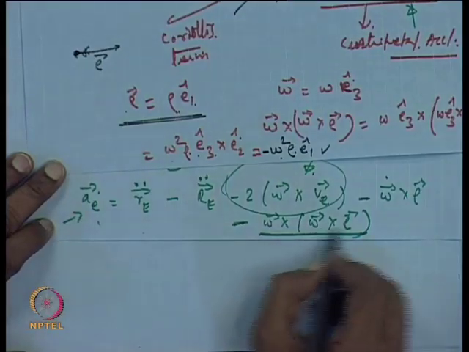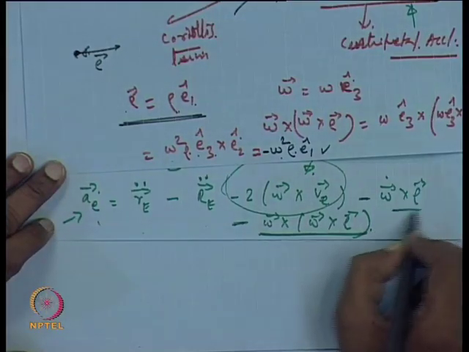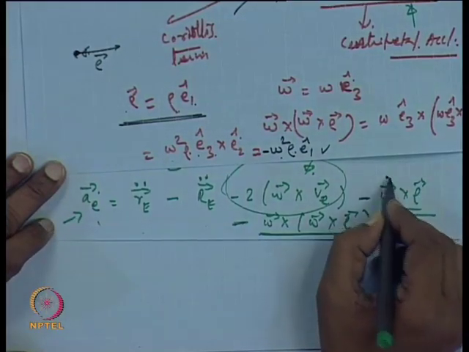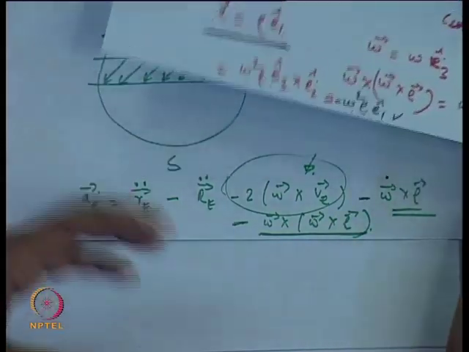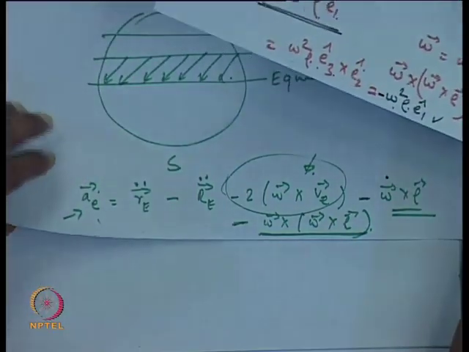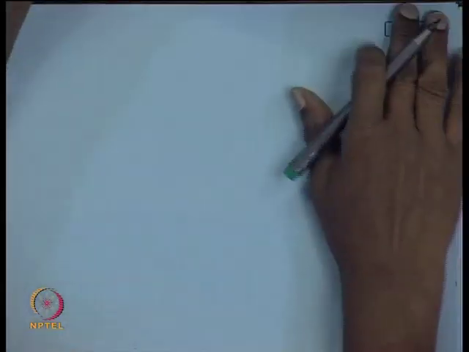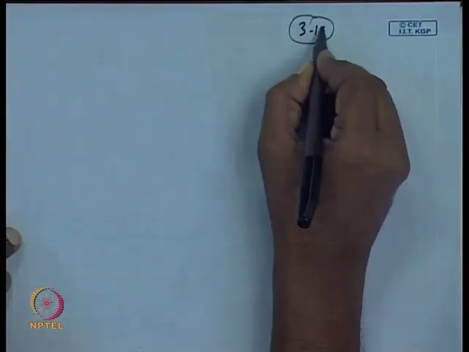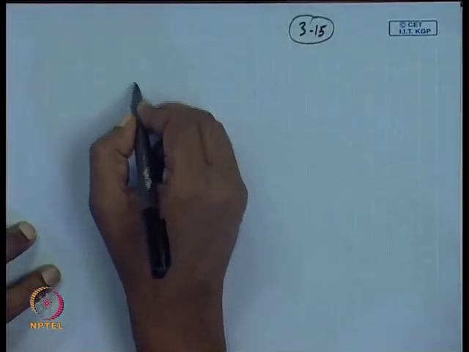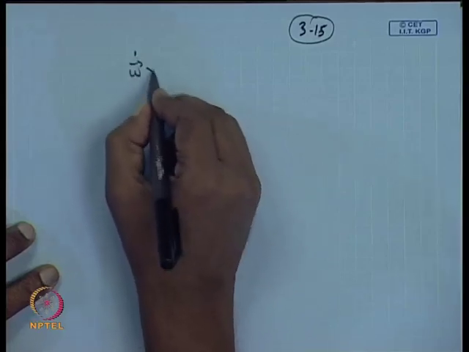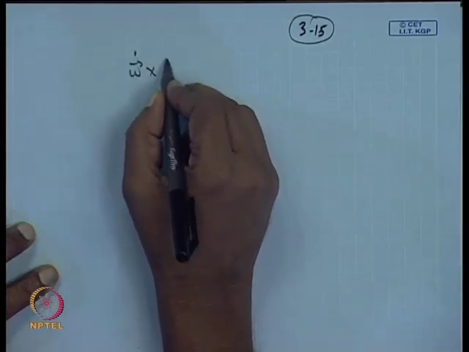So, centripetal will appear as the centrifugal one, and this is basically related to your tangential acceleration because of the increase in the angular speed. So, we have to determine this omega dot cross rho term.